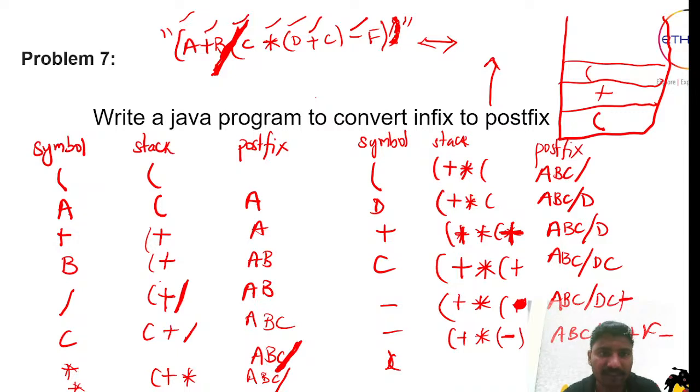To add that particular portion, let me add the else if condition over here again. In this else if part I will be providing something like an isOperator method, which finds whether the given thing is an operator or not, and if that is true it has to perform something while the stack is not empty.